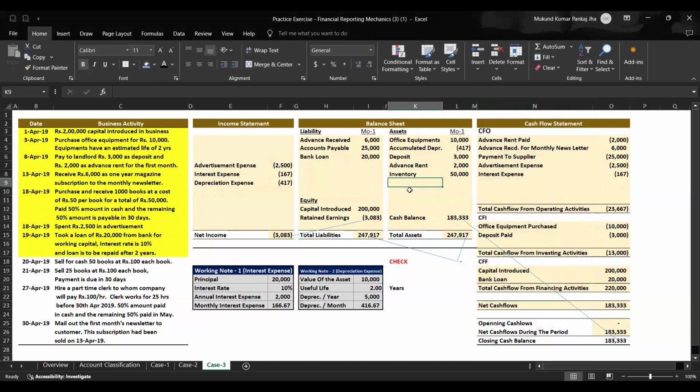And what will it lead to? It will lead to reduction in the value of the asset. So that is why I have subtracted 417 rupees from this 10,000 rupees to calculate my total asset. And the header under which I have subtracted it is accumulated depreciation. Now, are you comfortable, Apurv? Bank loan is already recorded as a liability if you see KG.